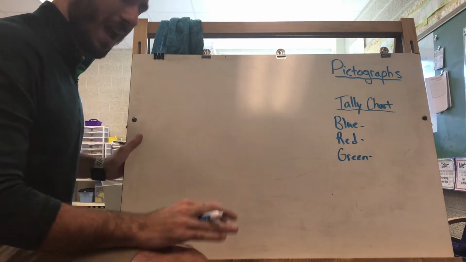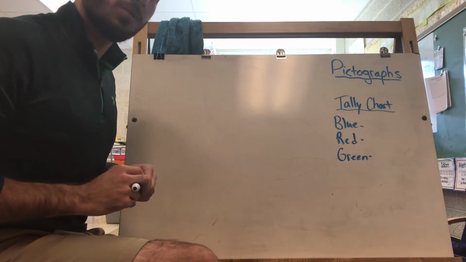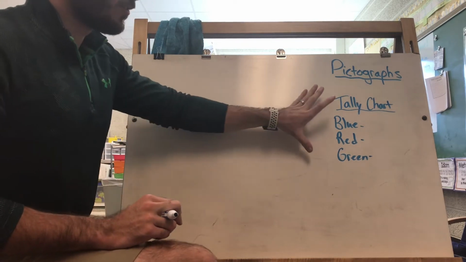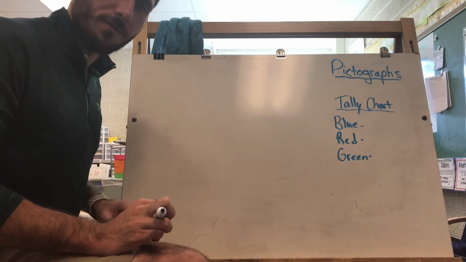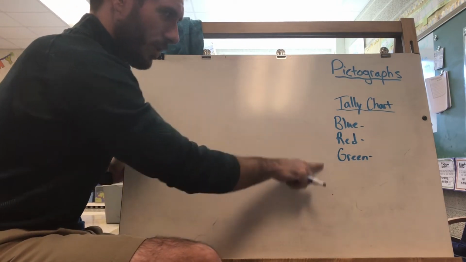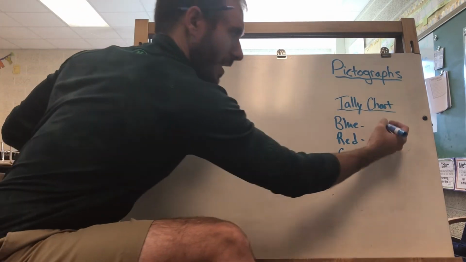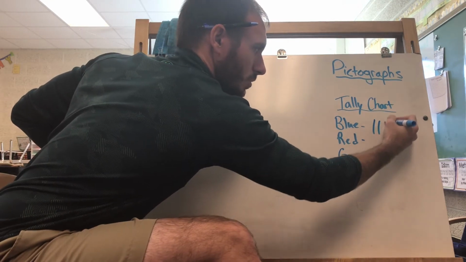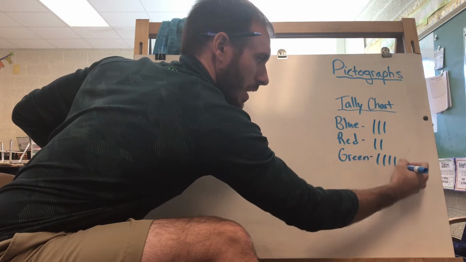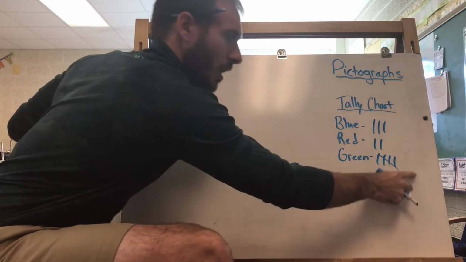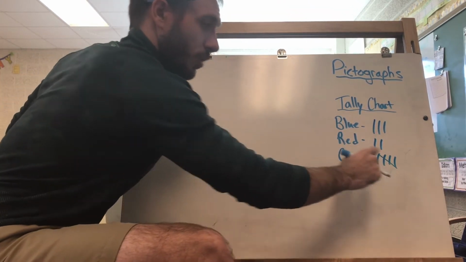And we had our graph before, which had a title, which we'll do next, probably our favorite colors. So for this video, we're going to make a pictograph based off of these favorite colors. So we said that maybe 3 people like blue, and 2 people like red, and 5 people, including myself, like green for our favorite colors.